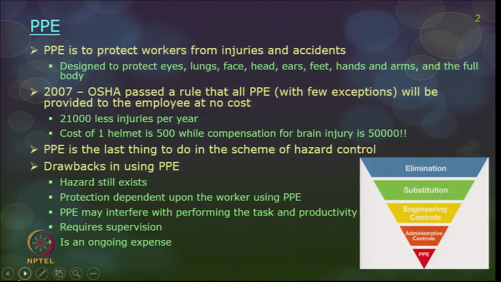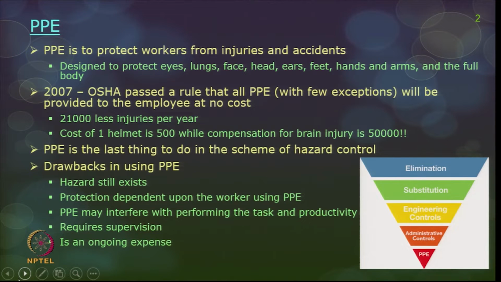And in 2007, under the Occupational Safety and Health Act, they passed a rule that all PPE, maybe with a few exceptions here and there, should be provided to the workers at no cost. The workers should not be charged for the usage of the PPE.